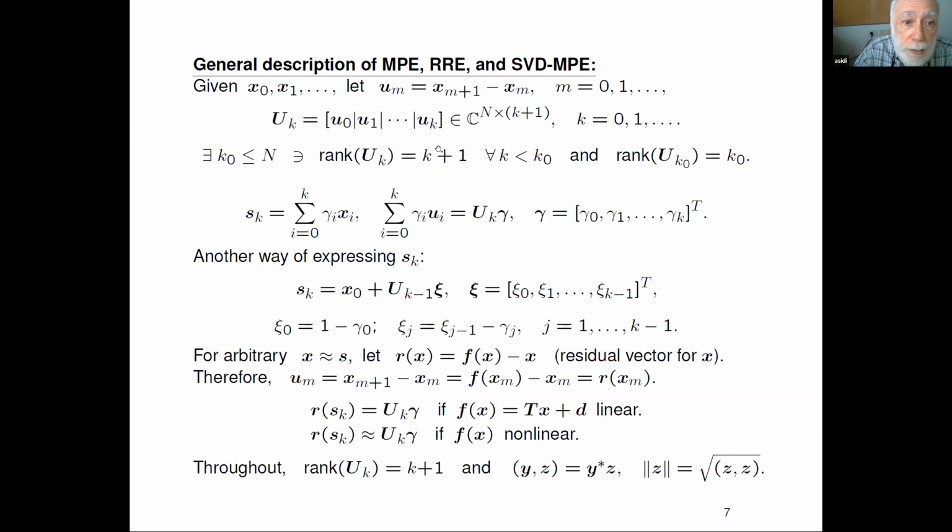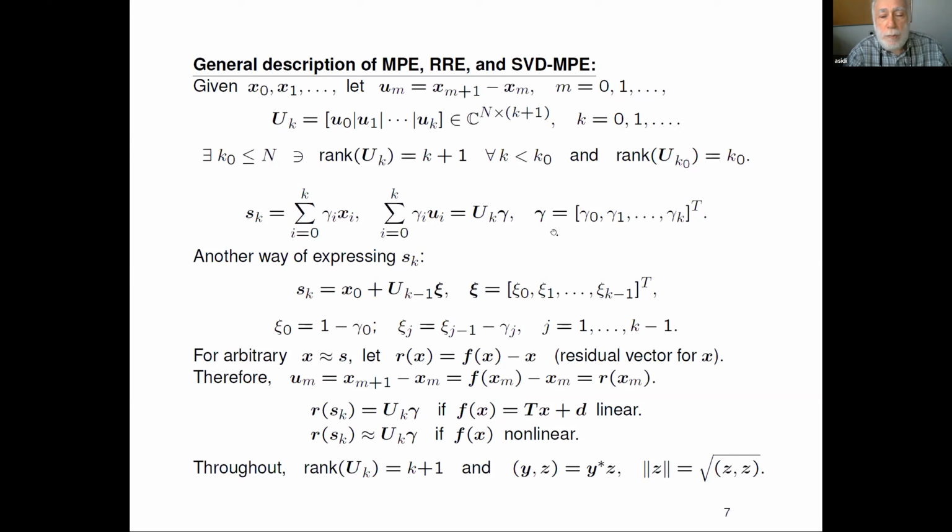So this matrix has k plus 1 vectors, columns, and the rank is k plus 1. This is what we're assuming, because at some point it becomes rank deficient, and we're not going to end up at that point with the values of k that we have. So S sub k is this combination here, and then we also have the combination of the u's, which I write in terms of matrices, U sub k times gamma.